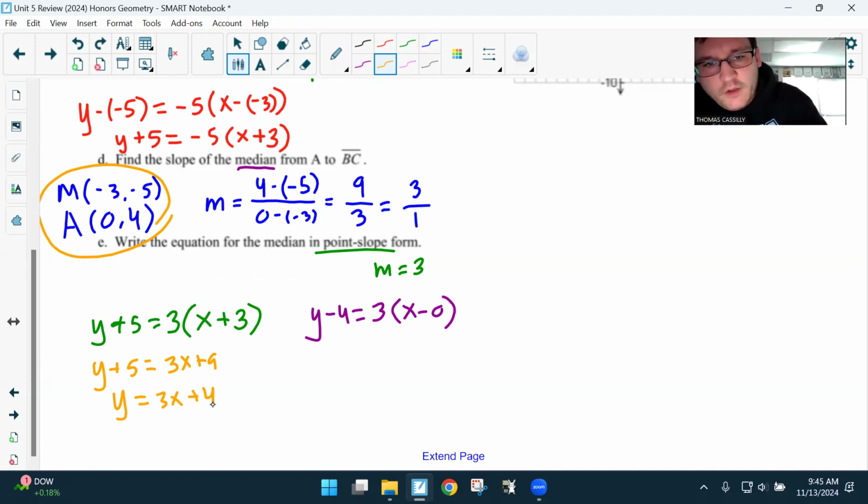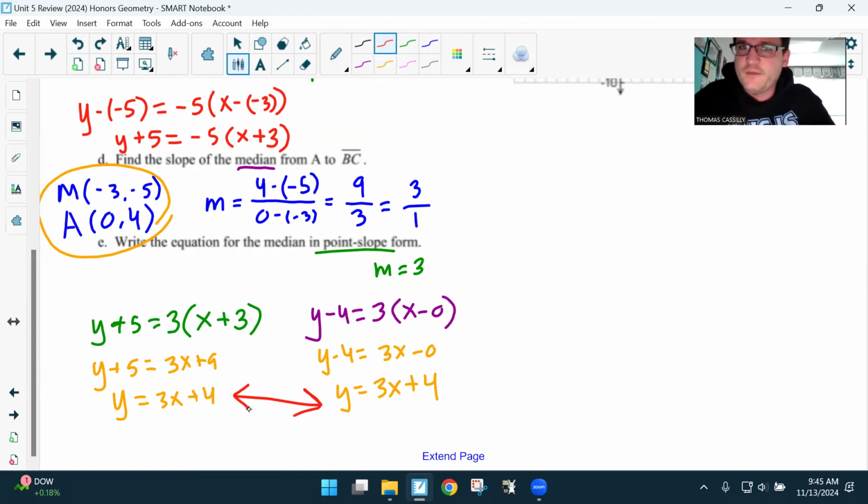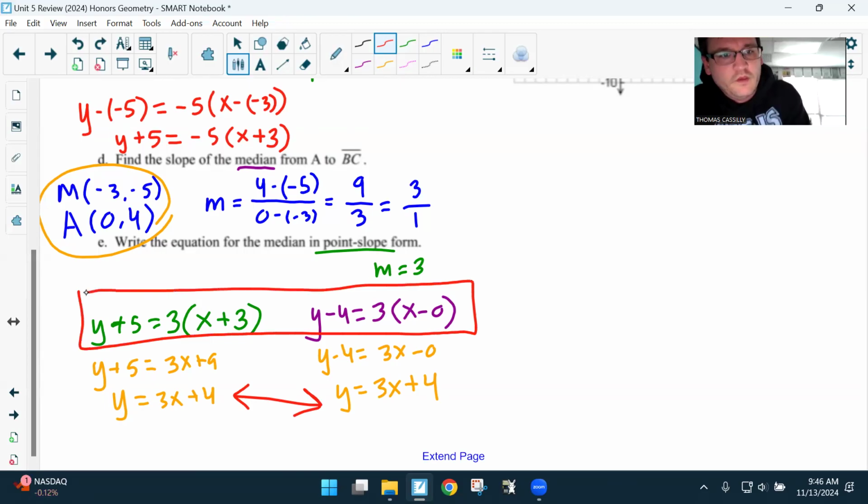I'm going to get y minus 4 equals 3x minus 0, and then I'm going to add the 4. So I'm going to get y equals 3x plus 4. If you look at those 2 things, they are the same exact thing. So either one of these would be correct. I don't care which one you pick. The purple one might be a little bit easier, but it does not matter.